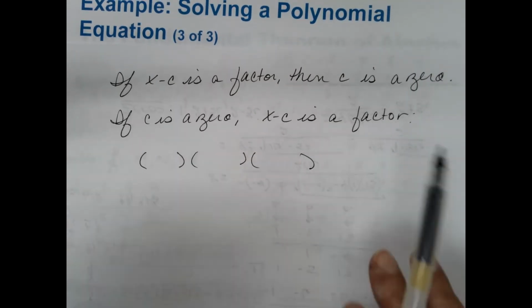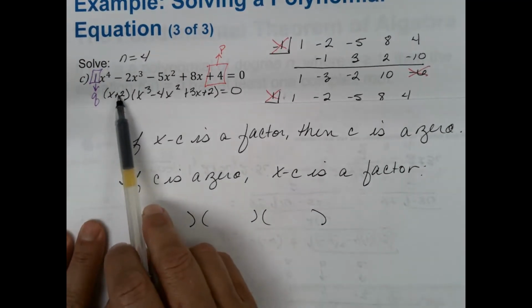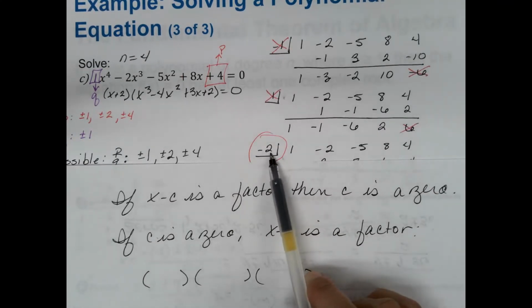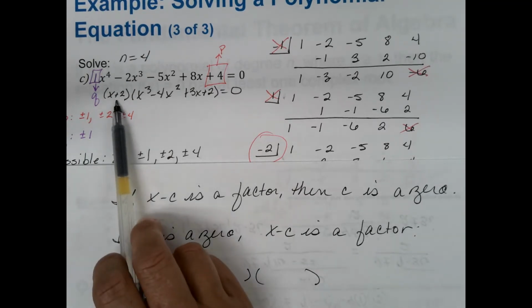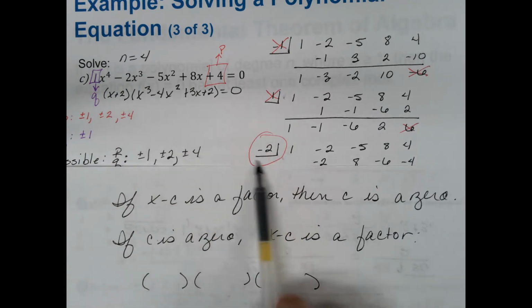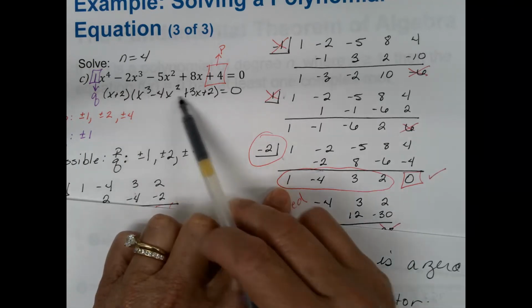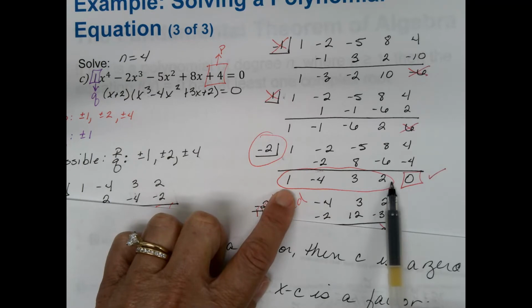So what you saw here came from this statement here. We had found a 0. A 0 was negative 2. So negative 2 was a 0, so x minus a negative 2, so that's x plus 2 is a factor. Okay. Good question. And so once I had factored out that x plus 2, then the other factor came from these coefficients right here.